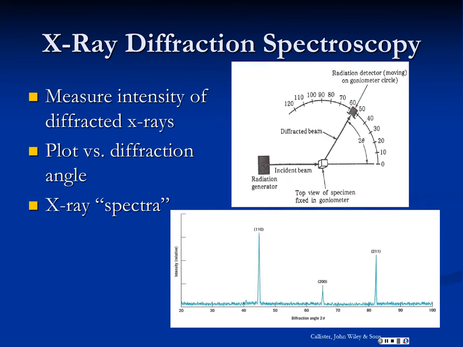Now, how is this used? Well, basically what we're going to do is shoot X-rays at a sample, and then we're going to measure the intensity of the X-ray beam that's striking a detector. And in the old days, if you're Francis Crick discovering the structure of DNA, you literally have a device that looks like a toy train track on a stand that's about the size of a room, and your detector runs on wheels around this track.